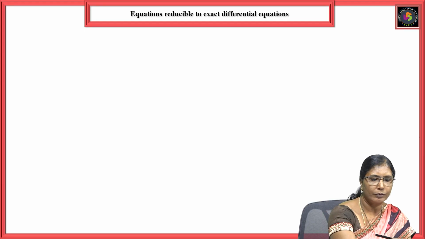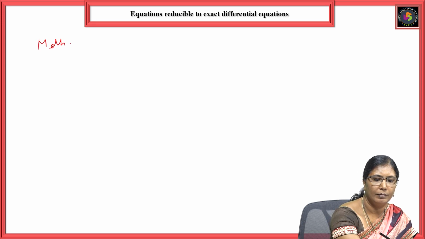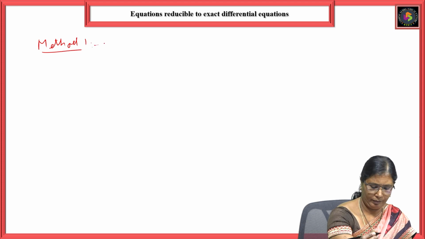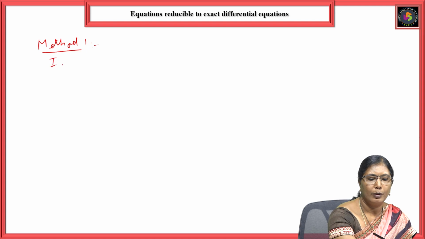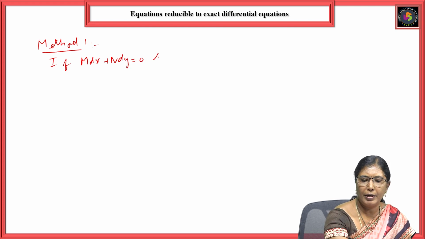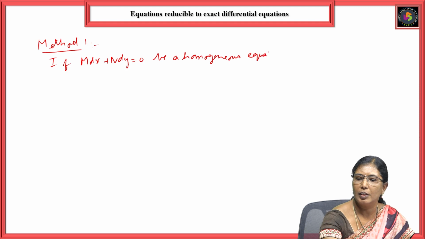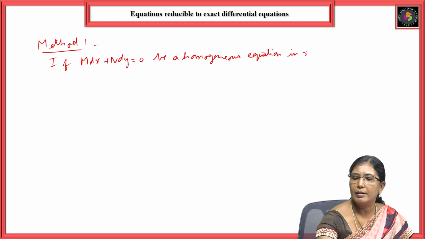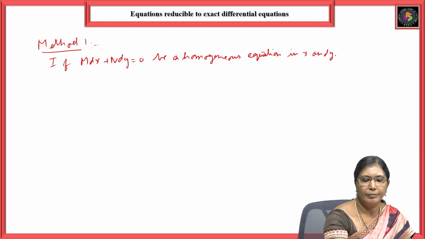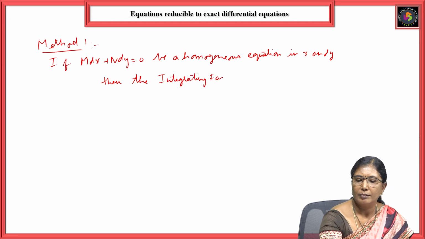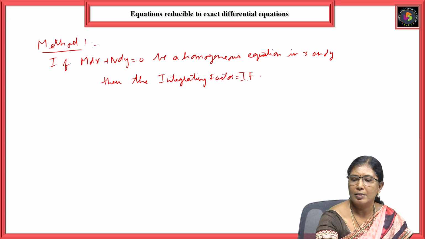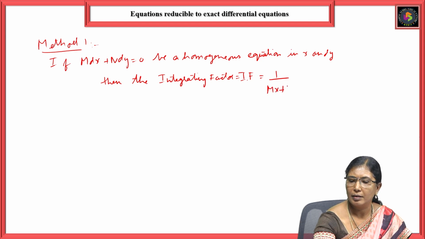First, method 1. If M dx plus N dy is equal to 0 is a homogeneous equation in x and y, then the integrating factor is 1 by Mx plus Ny.